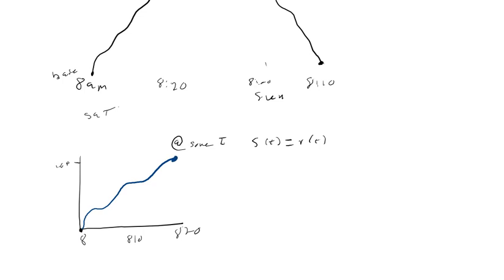On Sunday, they start here, and they go down. Maybe they really quickly go down, and then they slow down a little bit. And they really quickly go down again, and they slow down, and then they get to the bottom right here. But no matter how they move, there will be some location where they meet.